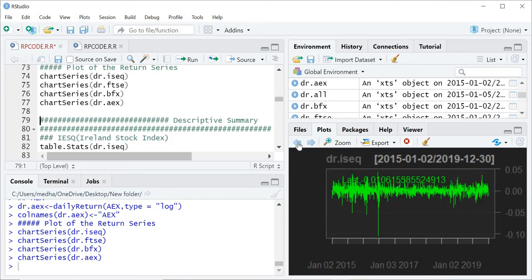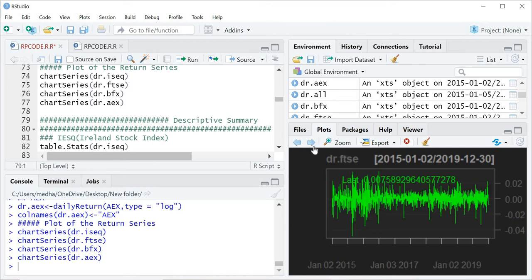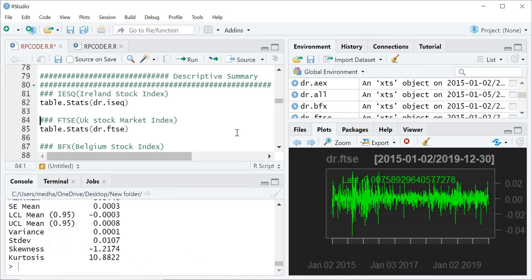So here in ISEQ I could see that the last return on 31st December 2019 is a negative 1.06 on ISEQ, and similarly you could check the closing return on all of the market indexes, and you can see the volatility for each of these markets with the help of these graphs.